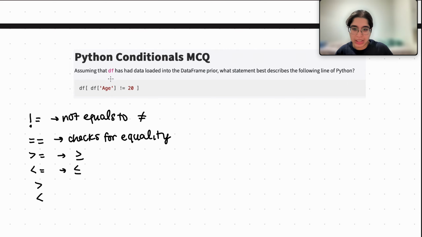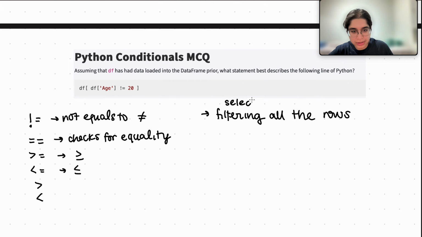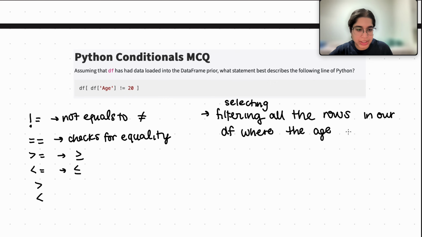So it says here that df bracket age does not equal 20. So we are filtering, or selecting, all the rows in our df where the age column data does not equal 20.